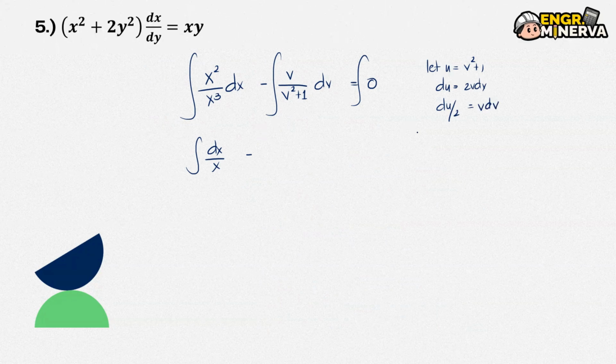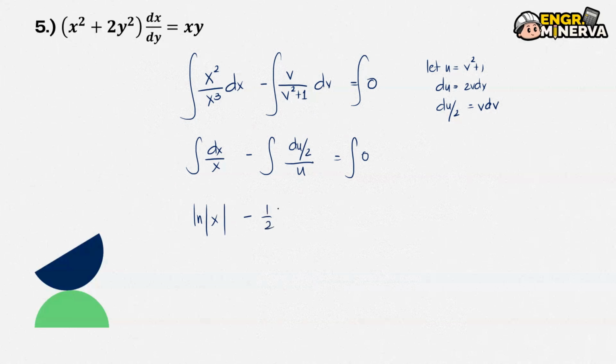And eventually, this would be (du over 2) over u equals integral of 0. Then that would be ln of x minus 1 half ln of u, which is v squared plus 1, equals c.